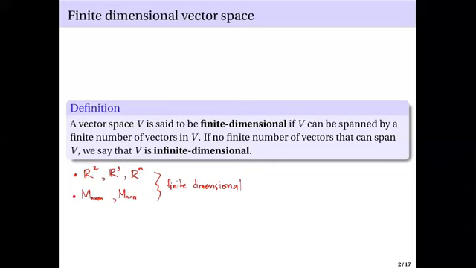On the other hand, recall the space of functions that are defined on the interval negative infinity to plus infinity. This is infinite dimensional.